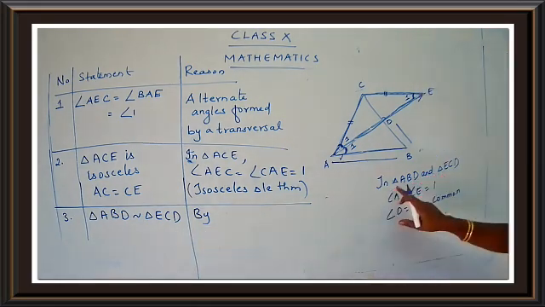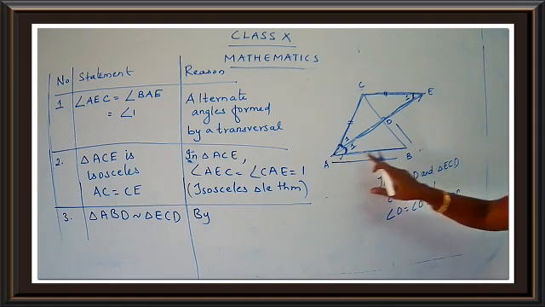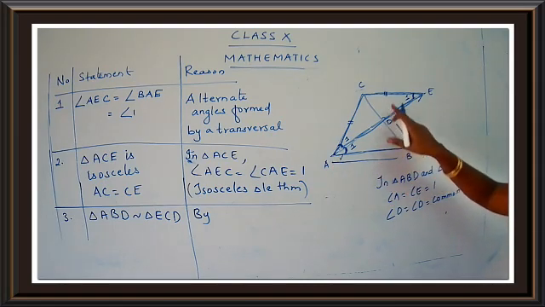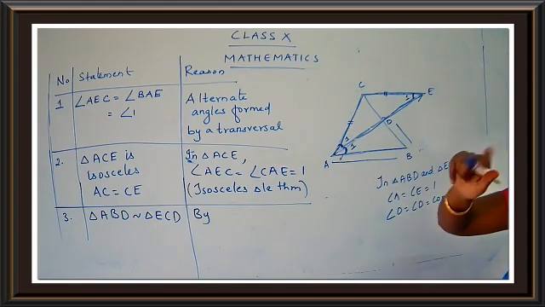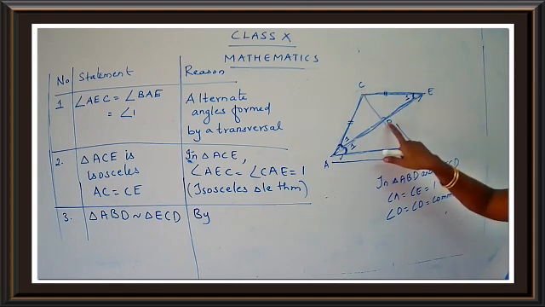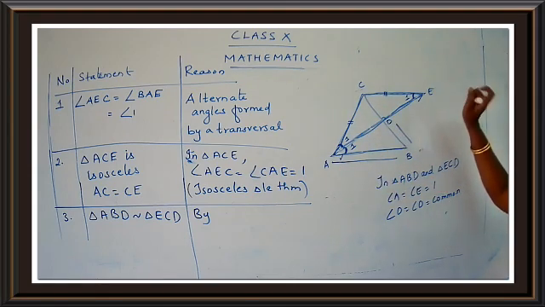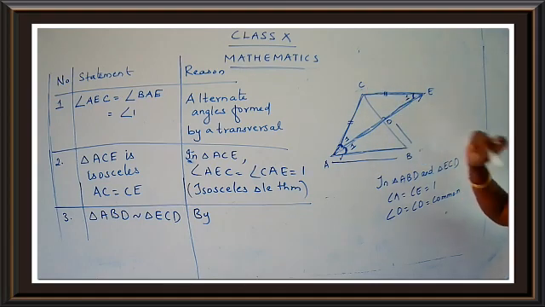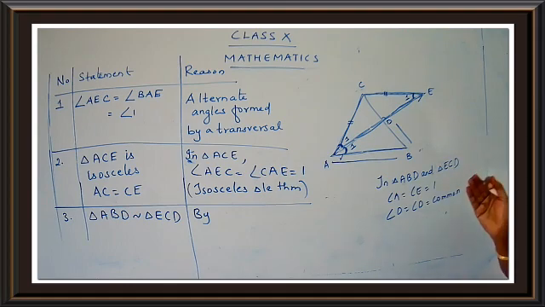Okay, children? So in triangle ABD, you know how to choose a triangle? Start with A, go to B, then D. Similarly, don't start with C, because here we started with angle 1. So start with E, then go to C, and we stop at D. So A, B, D, E, C, D. You have to write down this explanation on the right side with the pencil for your understanding.